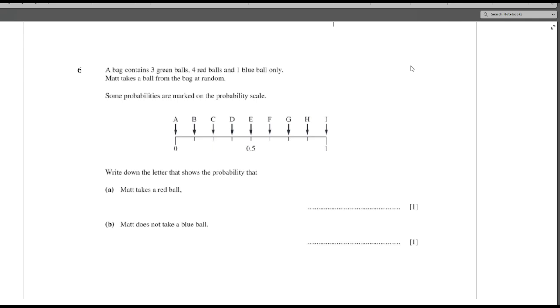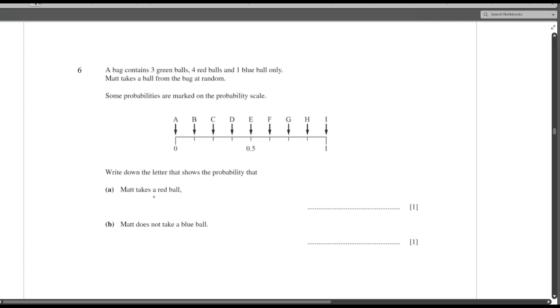So there are total 4 red balls out of 4 plus 3, 7 plus 1, 8. So the possibility of taking a red ball is 4 out of 8, that is 0.5. So the letter which represents 0.5 is letter E.